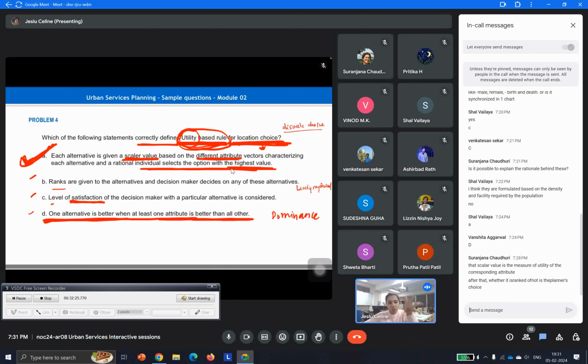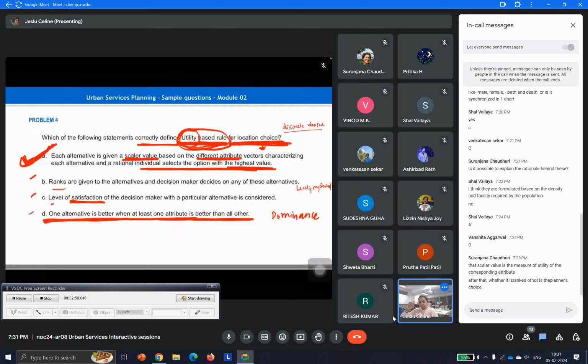So this attribute is dominating over there, or the land prices in that region is dominating. So this can be a dominating choice. Satisfaction again depends upon the overall level of satisfaction that a person has in choosing that. So it's a very subjective decision, satisfaction. For instance, person A might be satisfied with something, but a person B might not be satisfied. So that's a difference.